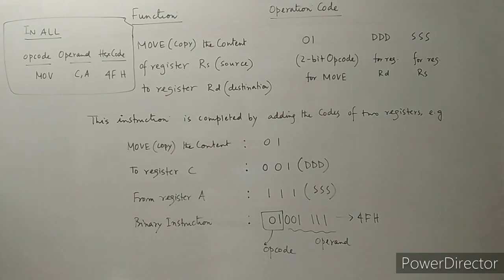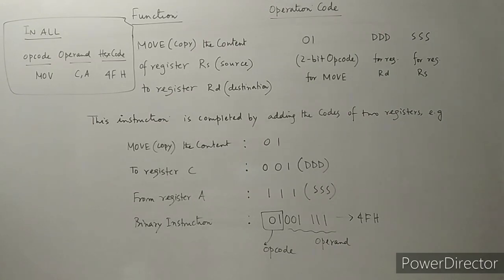So for move it will be 01, to register C, suppose it is 001, from register A, suppose it is 111. 001 and 111 can be anything; this is just an example.